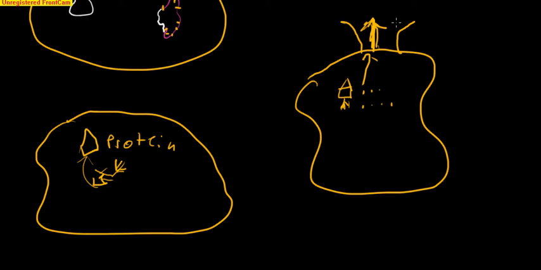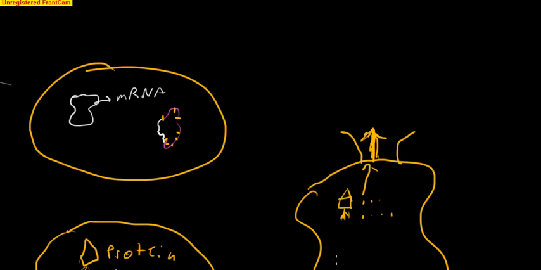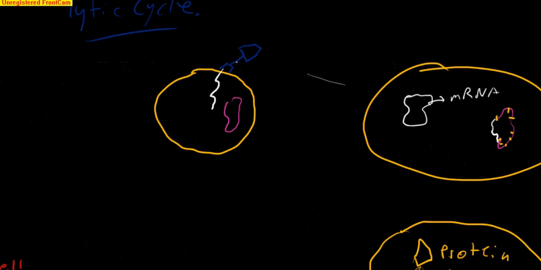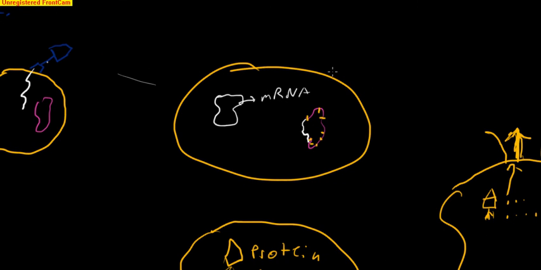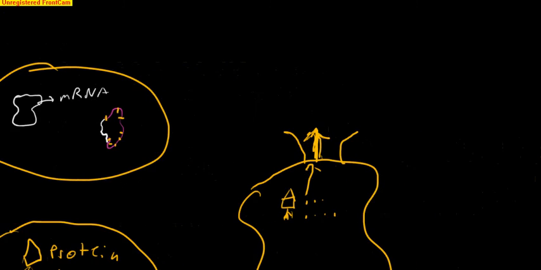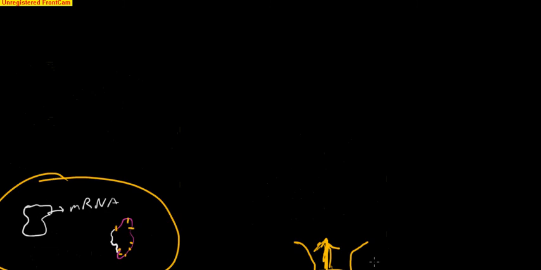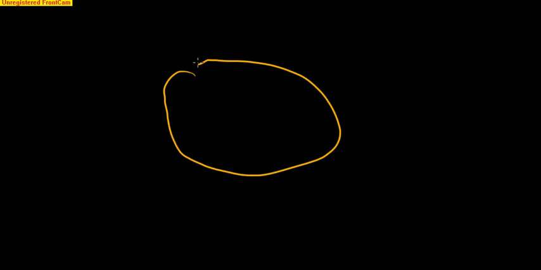There is a different cycle called the lysogenic cycle, where you have the first two steps. So the virus injects its DNA, it becomes part of, I guess, the cell genome, and then you're going to have the cell, then the virus DNA, I believe, then the rest of the cell's DNA.